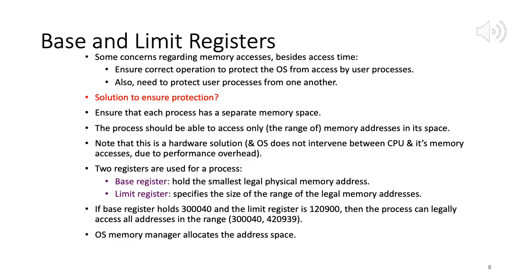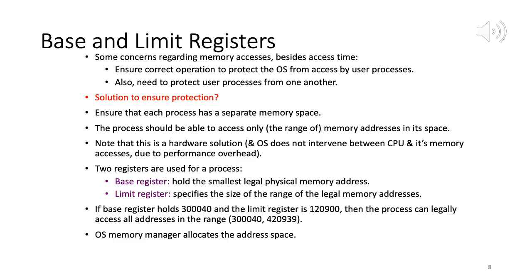By default, a process cannot access another process's address space. Sometimes this needs to be allowed, for example, for shared memory. If I have a process and I want to share some data with another process, then I set up the shared memory. But by default, the address space of each process is protected, which means that another process is not allowed to enter into the address space of another process.